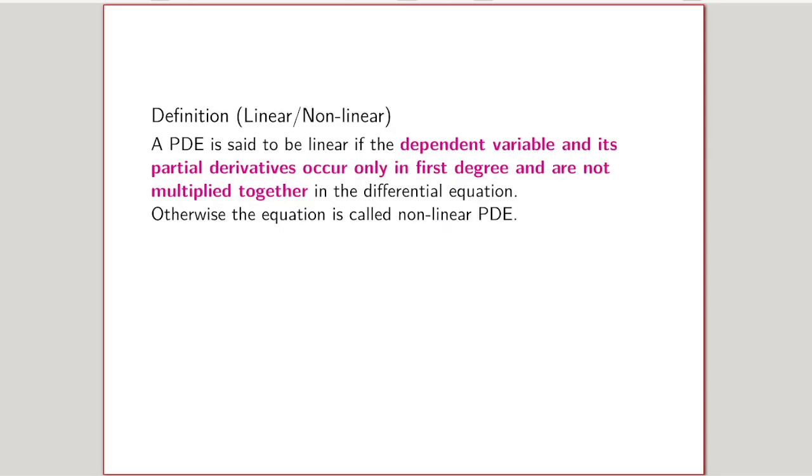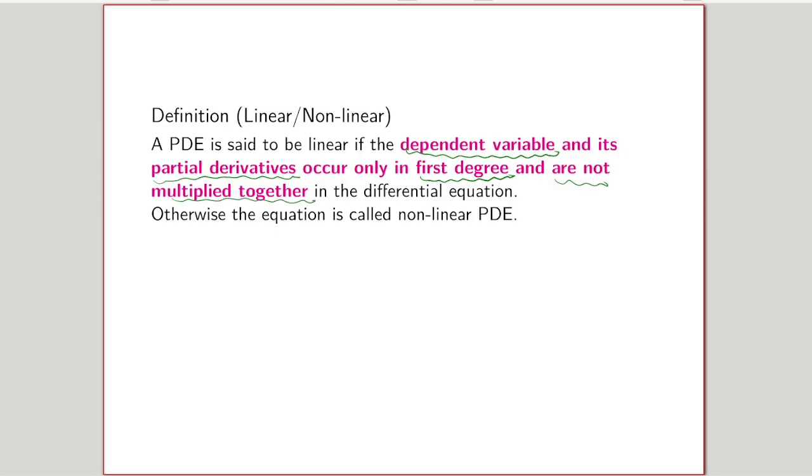And next definition, coming to the linearity of a differential equation. A PDE is said to be linear if the dependent variable and its partial derivatives, so note the word dependent variable, occur only in first degree. So the degree of those terms should be 1 and these terms should not be multiplied together.